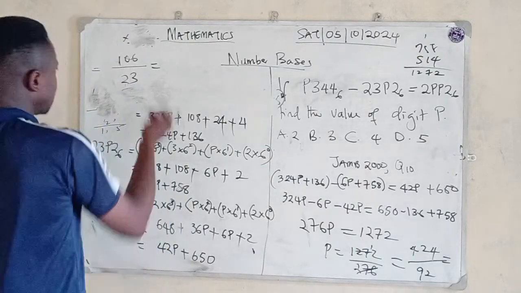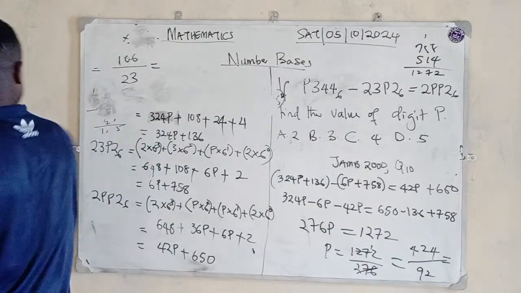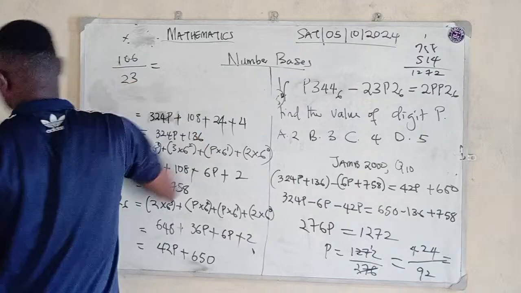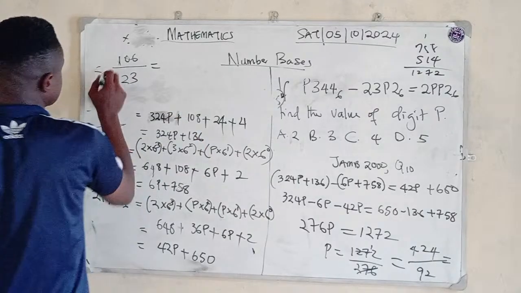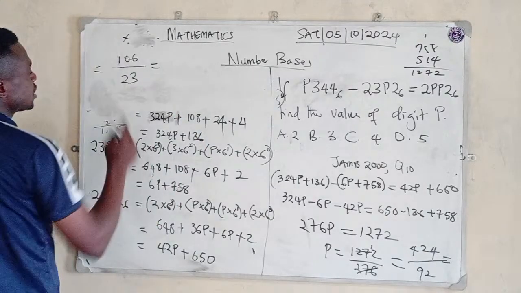Okay, let's just see the exact value we get. Maybe we can approximate. Let's see. All right, let's divide 106 by 23.